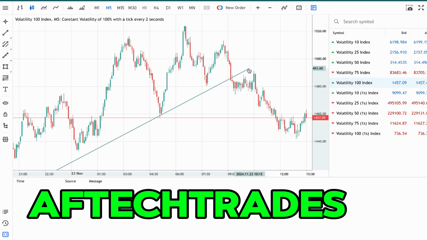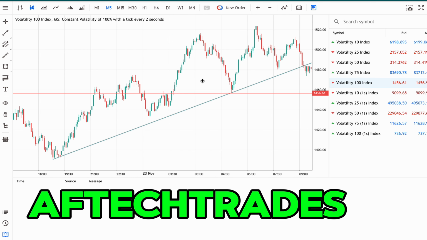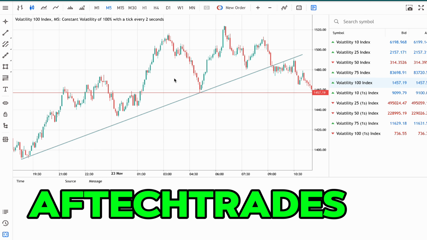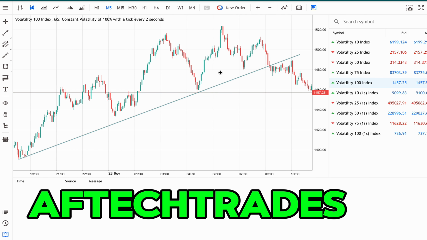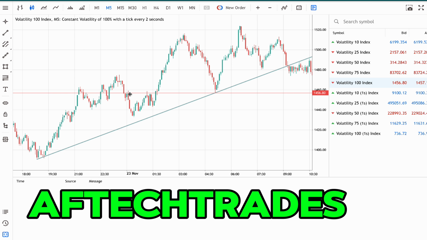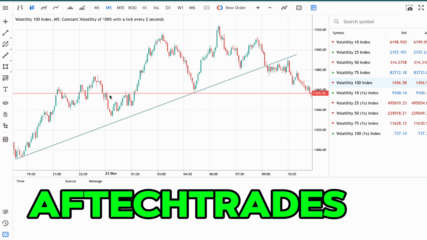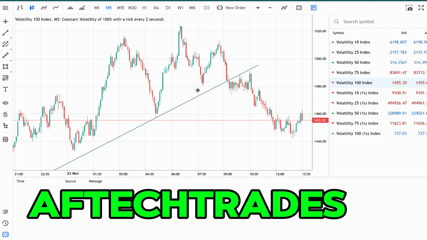Let's say you want to use the trend line for this particular index. What you do is that you draw your trend line. Once you notice that a trend is forming, either uptrend or downtrend, depending on the trend that is forming at the particular moment, you pull out your trend line, you draw it.